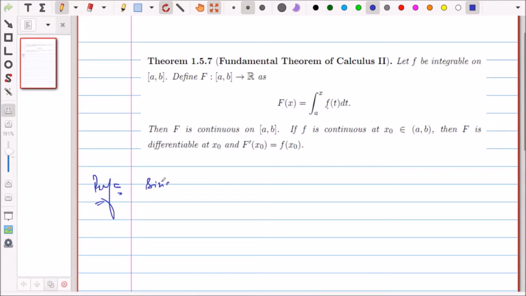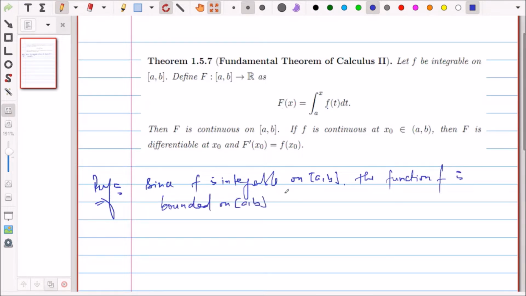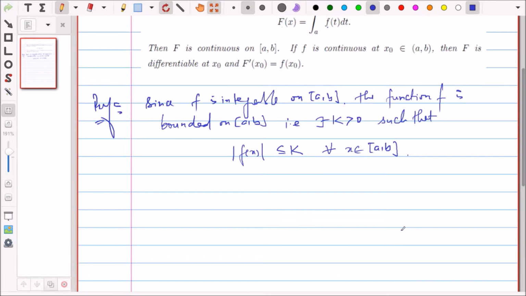Since f is integrable on [a,b], f is bounded on [a,b], that is, there exists k greater than 0 such that |f(x)| is less than or equal to k for all x belonging to the closed interval [a,b].